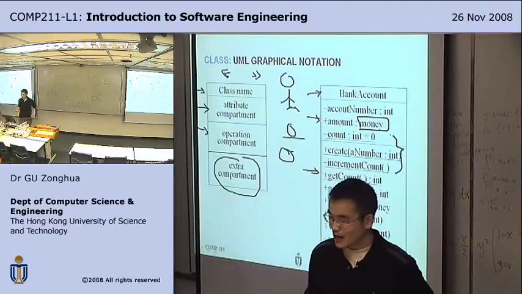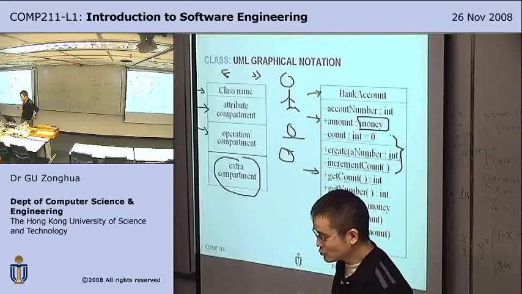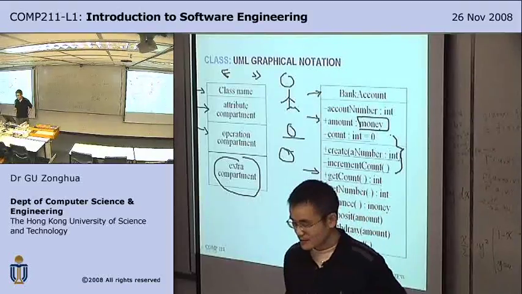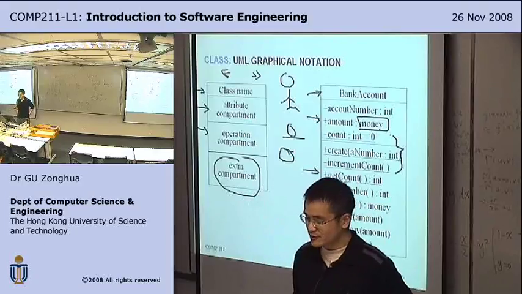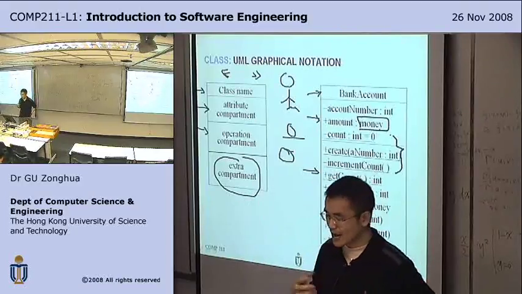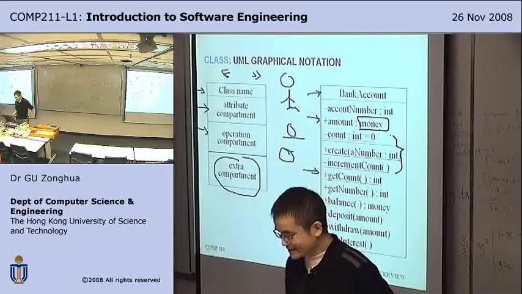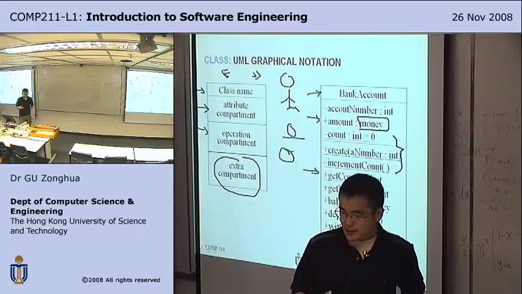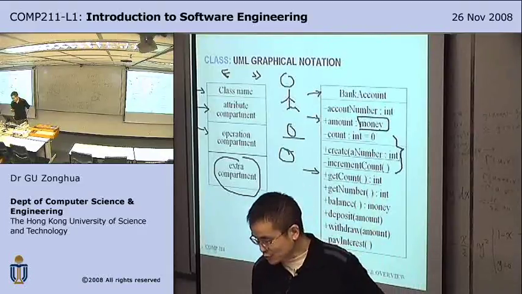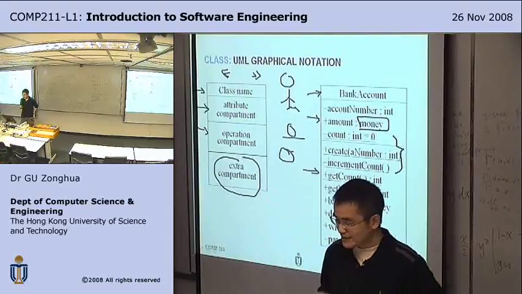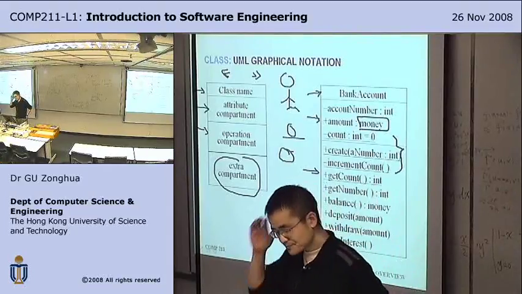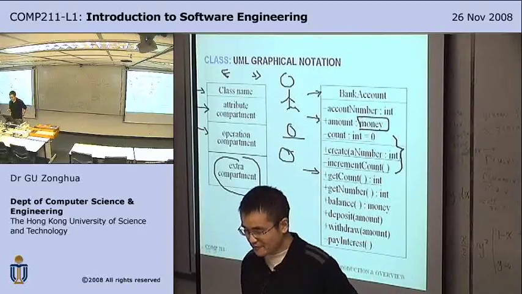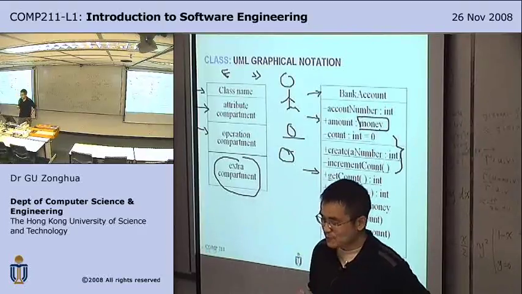Underline means that count is the total number of bank account objects in the system. Therefore, it's not the attribute of a specific object. It's a class attribute. Similarly, create and increment count are used when creating a new object and incrementing the total number of objects in the system. Therefore, these are class operations.